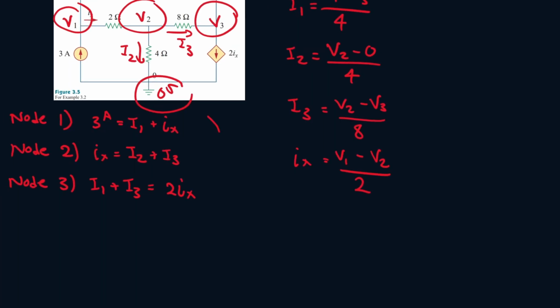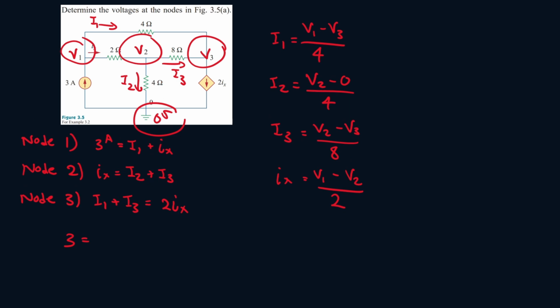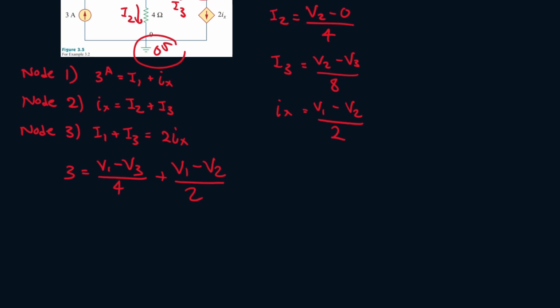So let's start plugging them into here. So it'll be 3 equals I1, which was V1 minus V3 all over 4, plus IX, which is V1 minus V2 over 2. Next one, it'll be V1 minus V2 over 2, which is equal to V2 over 4 plus V2 minus V3 over 8.